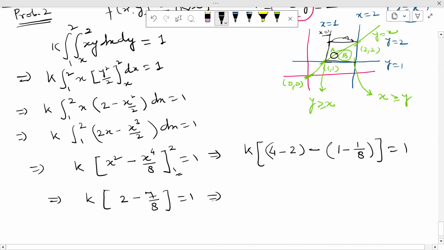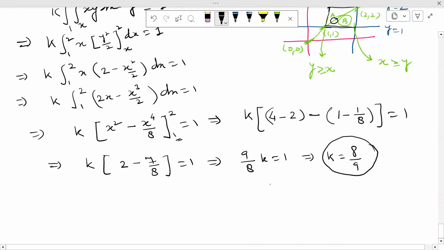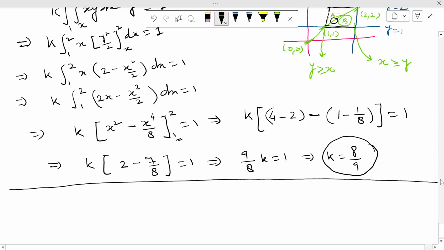So 9 by 8 k equals 1, or k equals 8 by 9. This is how we can use property number 2 of the joint PDF in order to determine the unknown involved in our definition.